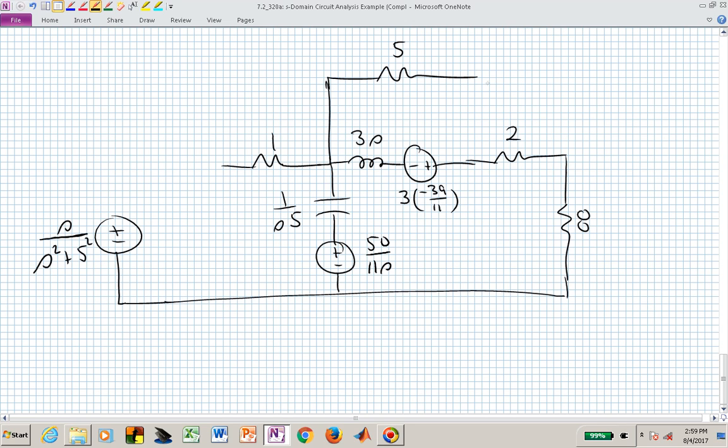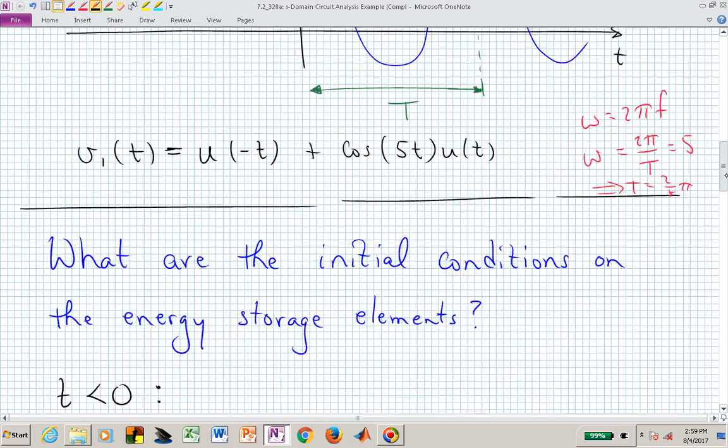Then we also have our first capacitor, which has an impedance of 1 over SC.